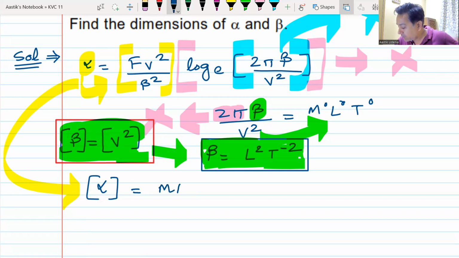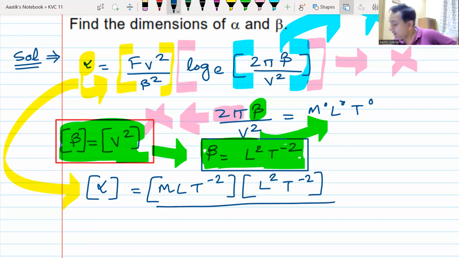It is m l t minus 2 multiplied by the dimension of v square. Again v square comes into the picture. L square t minus 2, divided by beta squared. So it will be L raised to the power 4 t raised to the power of minus 4.